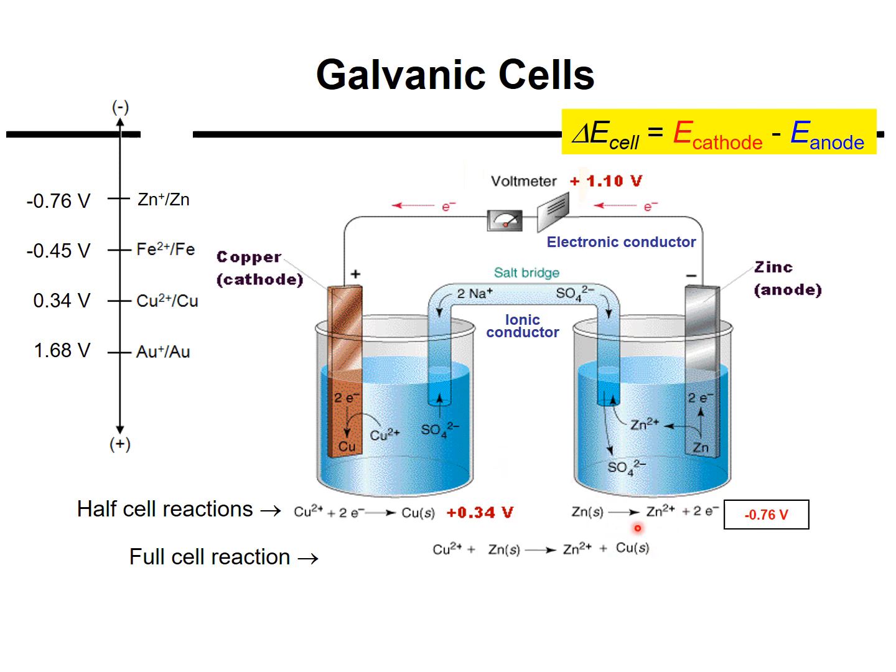Zinc 2 plus is at minus 0.76 volt, and copper 2 plus copper at plus 0.34 volt. So the reduction potential of zinc 2 plus zinc is more negative than the reduction potential of copper 2 plus copper.